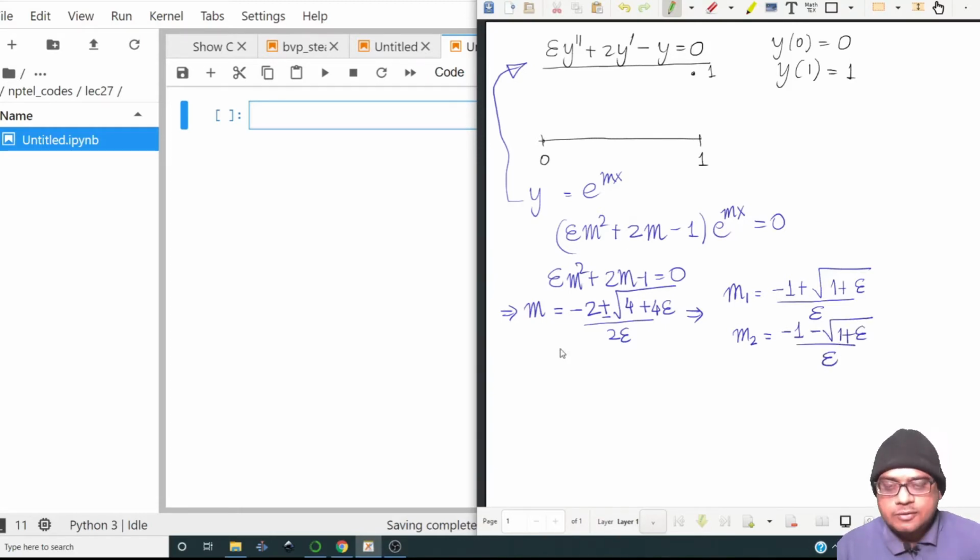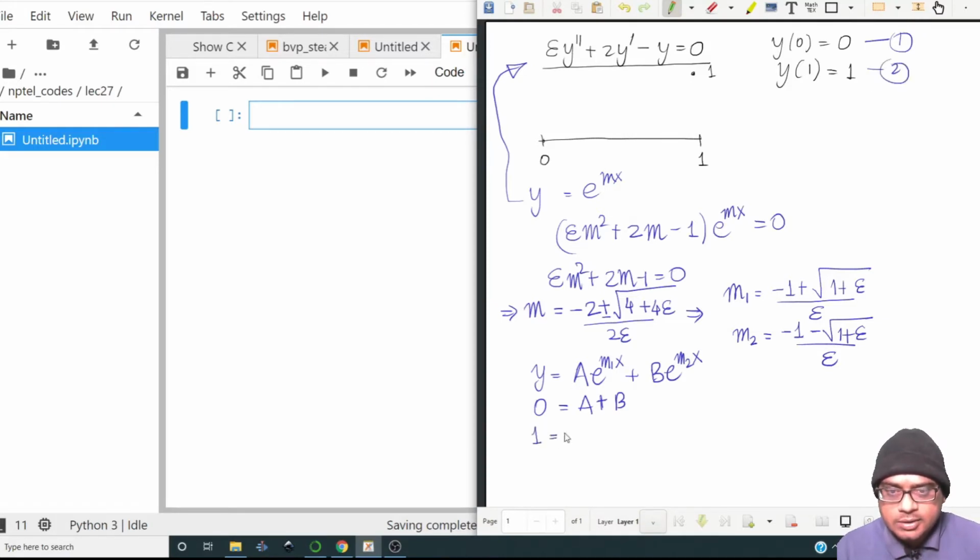So now we can write down the solution for y as a e to the power m1x plus b e to the power m2x. Let us use the first boundary condition: 0 equal to a plus b. And the second boundary condition will yield 1 equal to a e to the power m1 plus b e to the power m2, because x equal to 1.